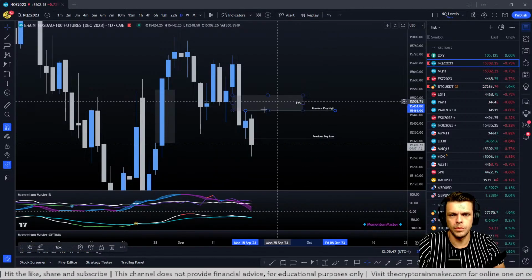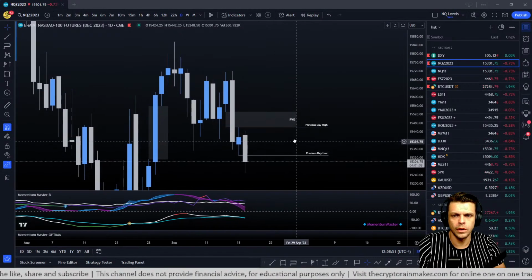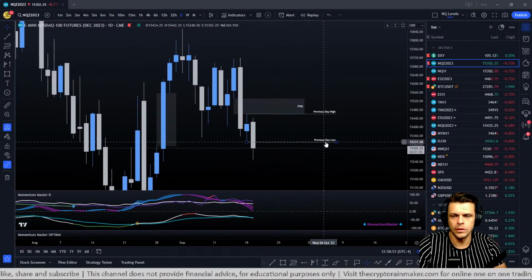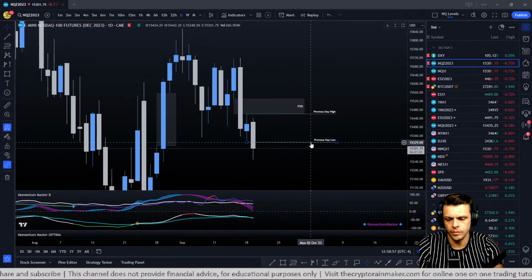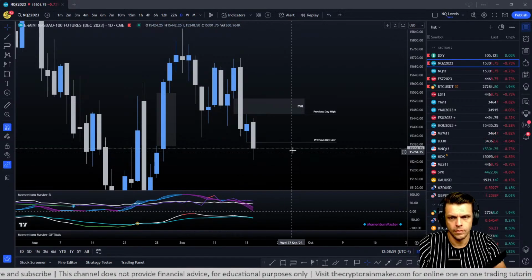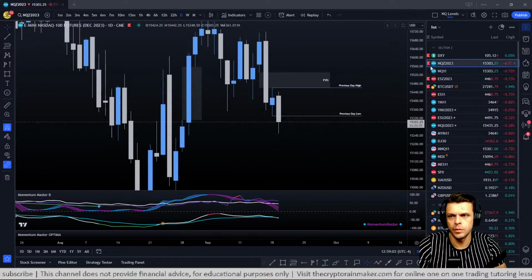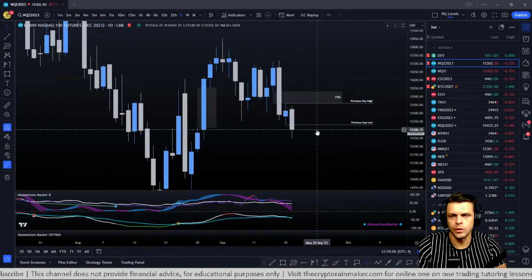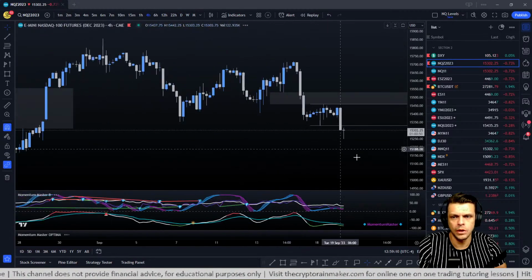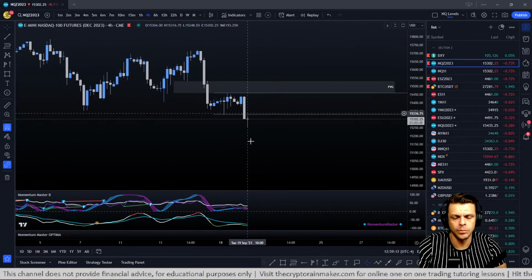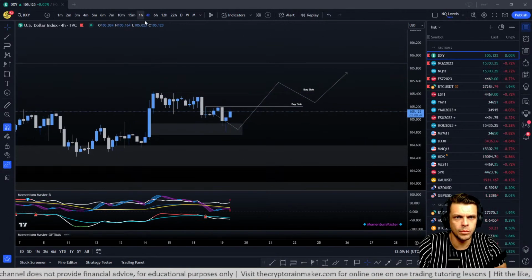Okay, so above the previous day high, we have unclaimed buy side liquidity. We already took the sell side liquidity below the previous day low, into the volume imbalance of the Fibonacci golden pocket. We could see a little bit of a move back to the upside for the Nasdaq, but the dollar is still looking bullish, so we just have to be aware.